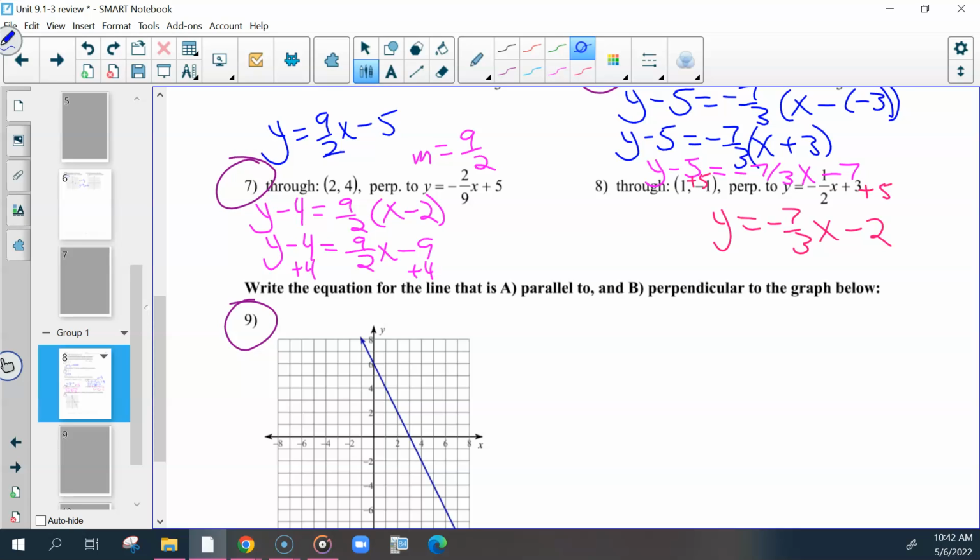Yes. So if we have perpendicular slopes, they have to be negative reciprocals. One is flipped, or the flipped version, and one has to be negative, one has to be positive.